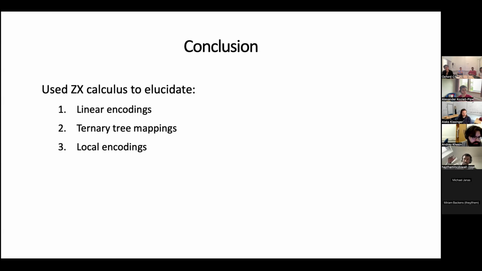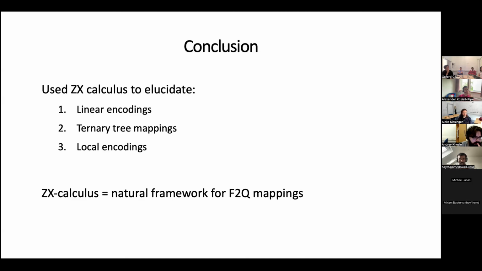Sometimes we use scalable ZX, sometimes just the matrix arrows, sometimes these plaquettes, but it's all essentially in the same language, which is kind of surprising how the ZX calculus links these representations that seem like they're all very different from each other, which they are very different from each other. I mean, we talked about how the ternary tree encoding comes completely out of left field if you've been looking at linear encodings your whole life.